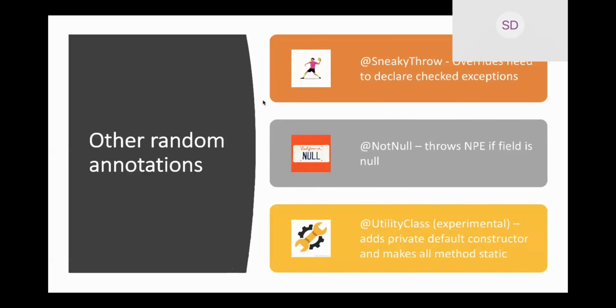The ones that I talked about before, super useful. Definitely use them. These ones are kind of like, do you really have to do that? It's kind of overkill. So @SneakyThrows. Normally when you have a checked exception, you have to declare that you're throwing it.